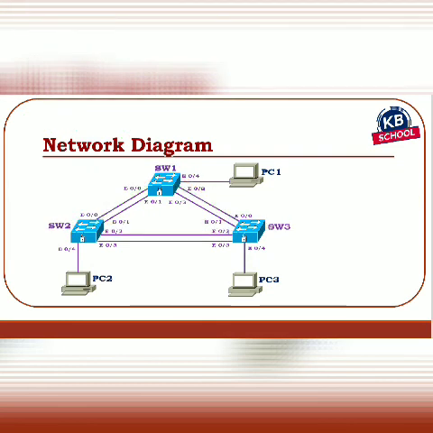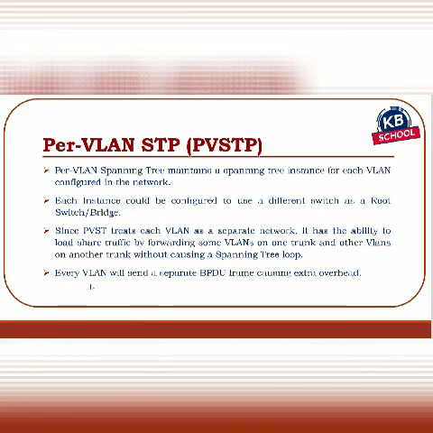So analyze this. Each instance could be configured with a different root switch or bridge, whatever you want to call it. Since PVST treats each VLAN as a separate network, it has the ability to load share by forwarding some VLANs on one trunk and other VLANs on another trunk without causing an STP loop. And I showed you how that's done. The drawback over here, because I have multiple VLANs, I need extra overhead for what?